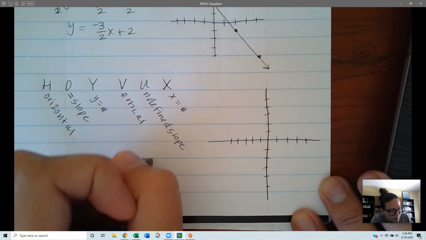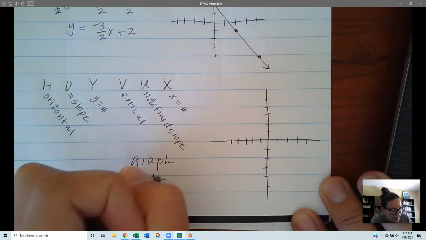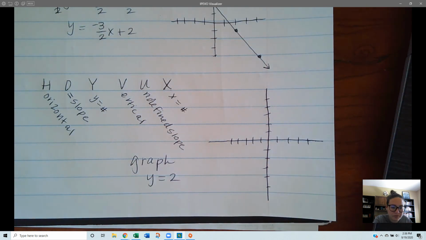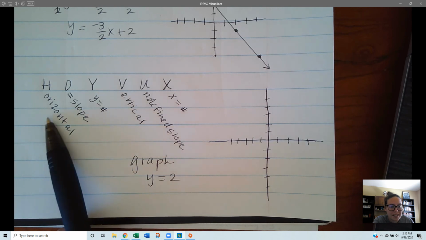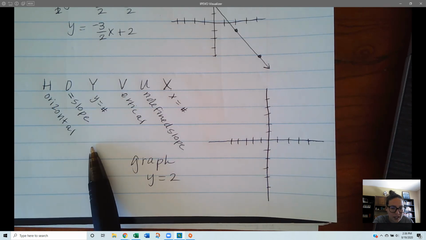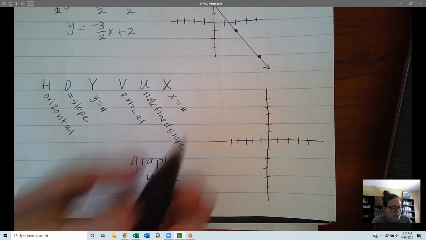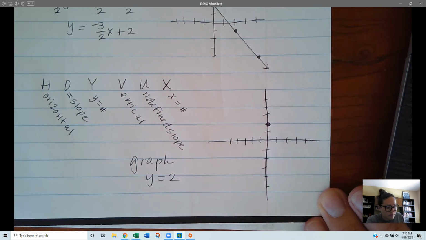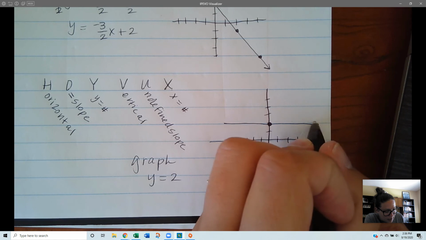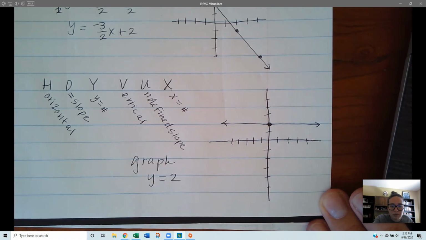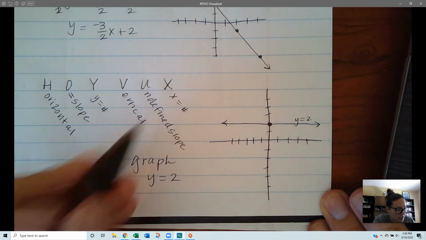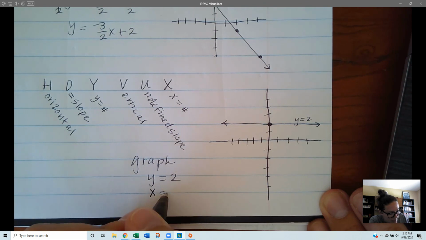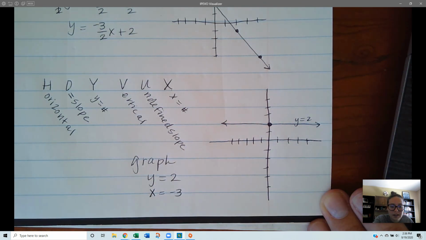So to graph this, I find where y equals 2, and then I graph a horizontal line. And boom, I'm done. So this is y equals 2. Let's talk about x. Let's say I have x equals negative 3. Well, x equals a number is a vertical line. So I look on the x-axis where x is negative 3, and boom, I draw my vertical line. So this is x equals negative 3.